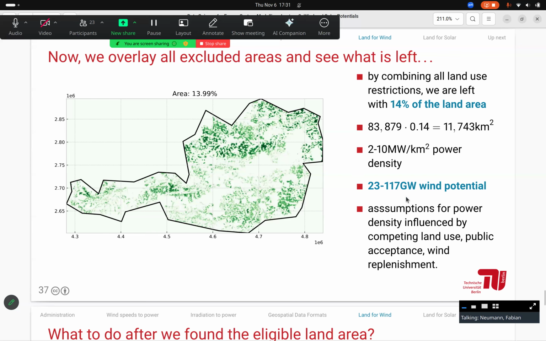Then you end up with 23 to 117 gigawatts of wind potential. Then you have eligible areas. You can look at what the wind speeds are in these areas, what wind turbines you want to build, and you can get not only the installable capacity, but also the potential power output and the time series of the different regions.